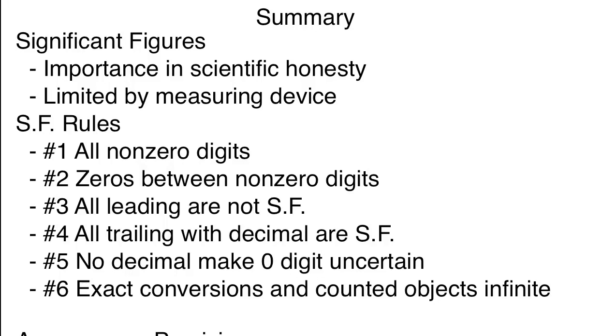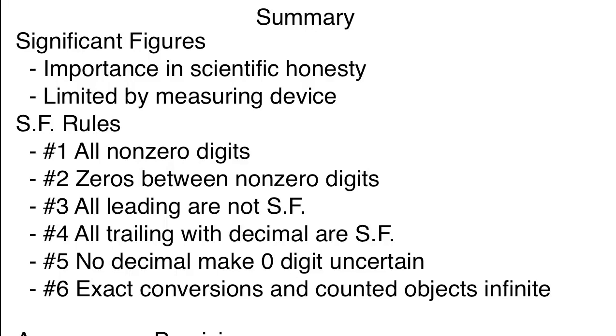So as far as scientific honesty, when people are reporting numbers, in the science community and the medical community, when you're looking at peer-reviewed studies, you need to be able to take data, and if you would like to rerun an experiment or set up the same conditions, it is very important that you know exactly how precise individuals were with their data collection. And so making up digits or leaving digits out that were not accounted for by your measuring instruments is not appropriate.